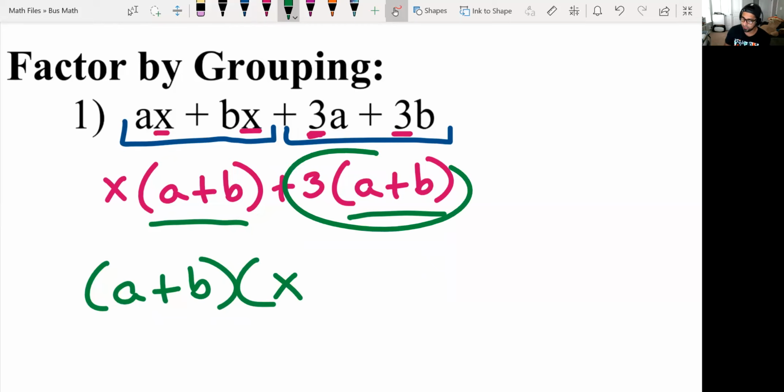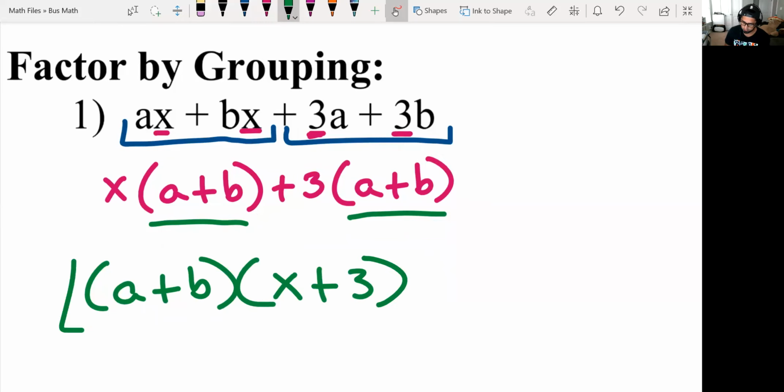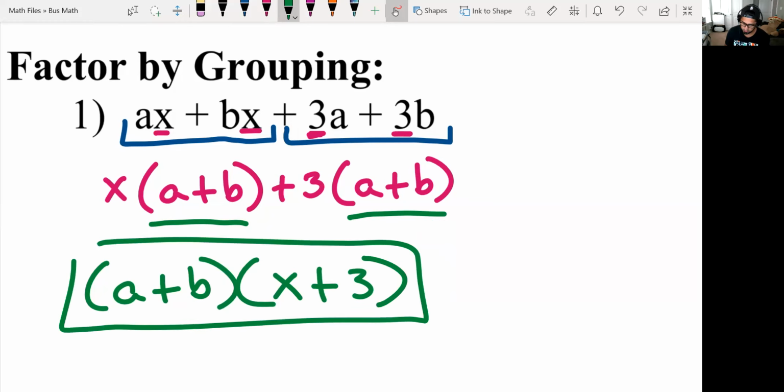You take a plus b from 3 times a plus b, and that'll leave me with plus 3. That's it. That is factoring by grouping. You take a 4-term polynomial, group it into 2 terms, find a common factor, factor out the greatest common factor, and done.